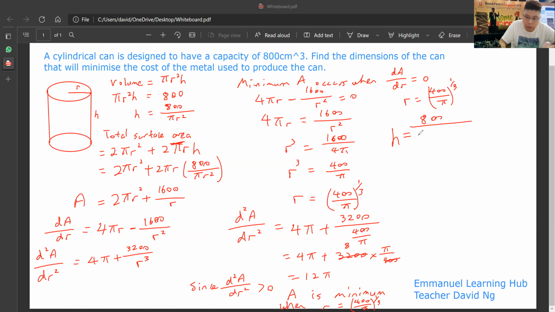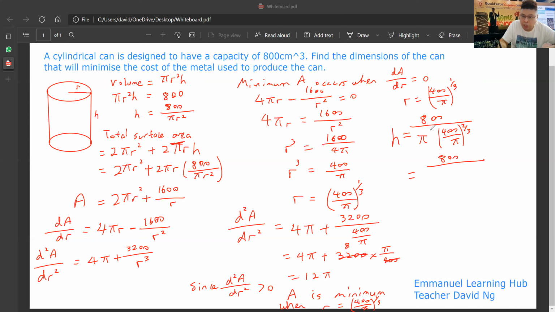Pi R square. R square. Okay, 2/3. Pi R square. So this pi 2/3. Then this one will be 800 over.